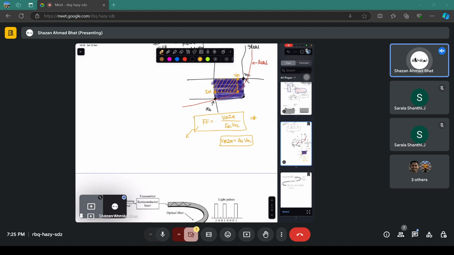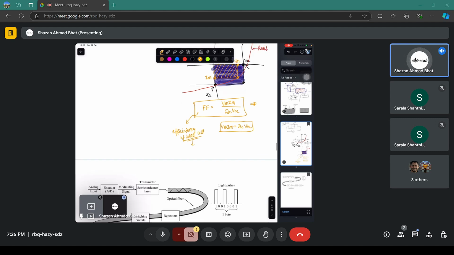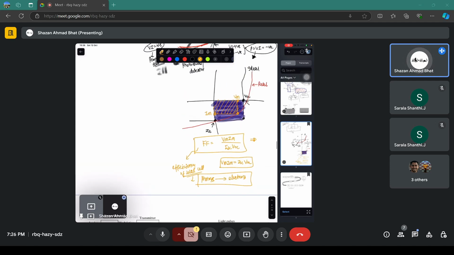It determines how many photons will get converted into electrons, and that basically controls the efficiency of the solar cell.